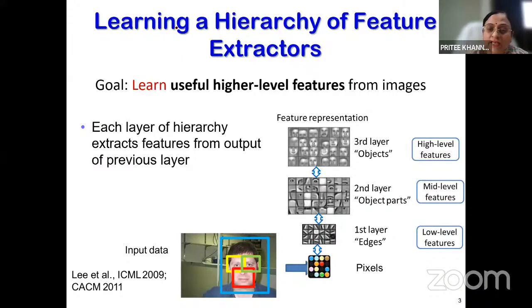Each layer, as you can see here, this is your input data. Now you are starting from these pixels to move up. Each layer of the hierarchy extracts features from the output of the previous layer. For example, from the pixels, the first layer learns edges, the second layer gives you features of the object parts, and the third layer gives you objects. That is, from low level features to high level features, and that is what we mean by learning a hierarchy.